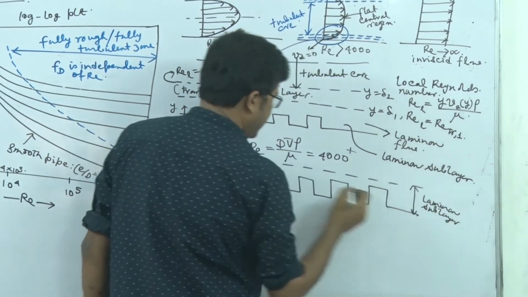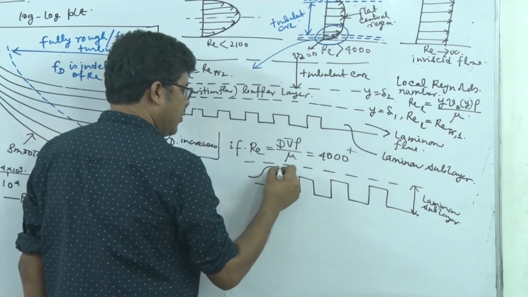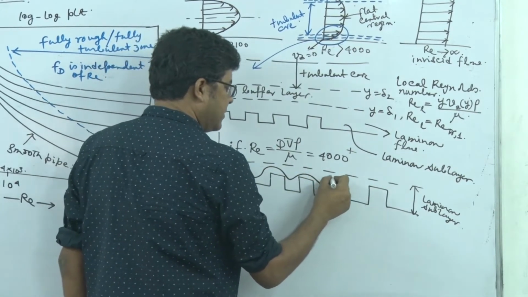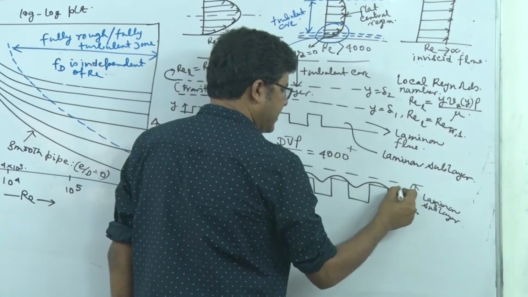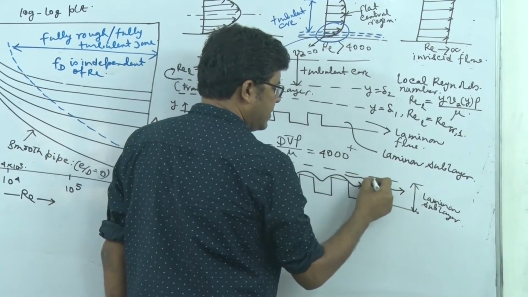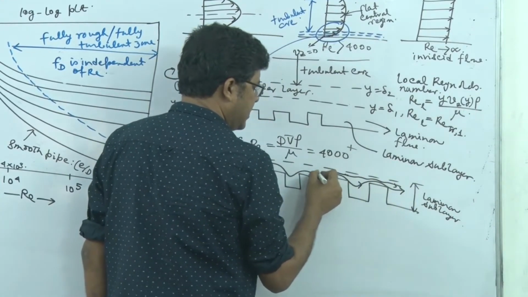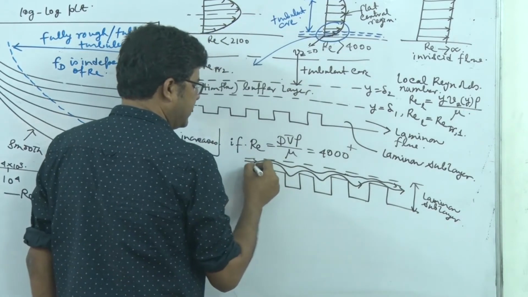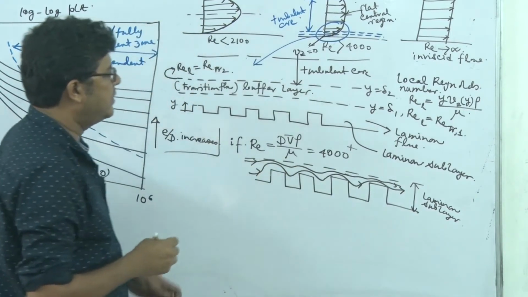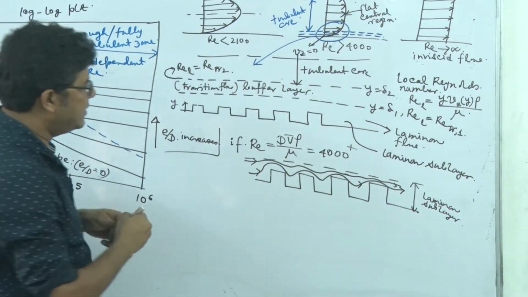Right? So here the liquid moves like this over a series of this assembly in a layer-wise pattern because it is laminar flow, right? And it depends on this height.